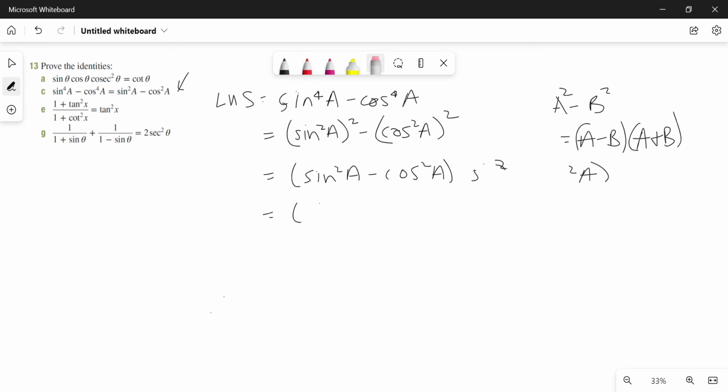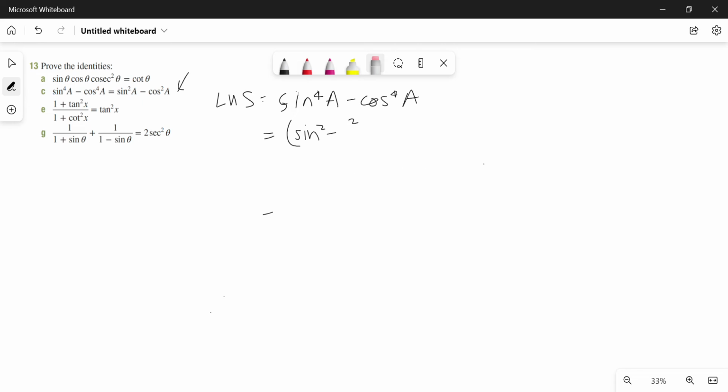So with E, we've got 1 plus tan squared on a 1 plus cot squared, and we want it to just equal tan squared. So what should we do? A couple of different things you can do there. Lots of different things, really. So which way do we want to go? Probably 1 plus cot squared.